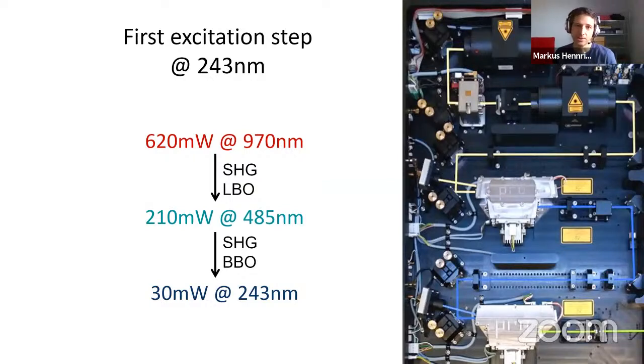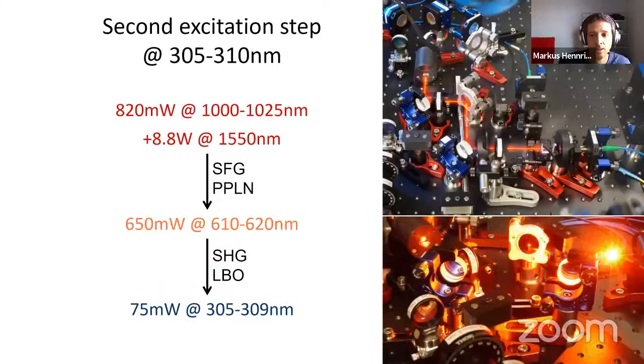The laser system that we're using is, as I said, first a 243 nanometer laser. This is a commercial system that starts with 970 nanometers and is twice frequency doubled intracavity, to reach on the order of 30 milliwatts at 243 nanometers. So it's a diode laser, twice frequency doubled. The other system is a self-made laser, tunable from 305 to 310 nanometers.